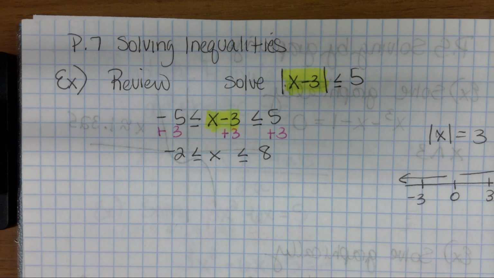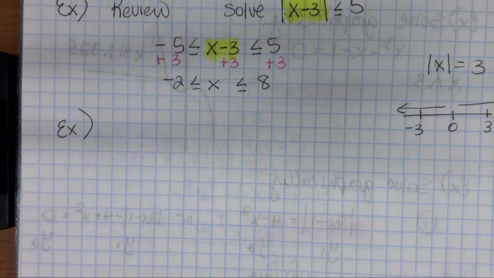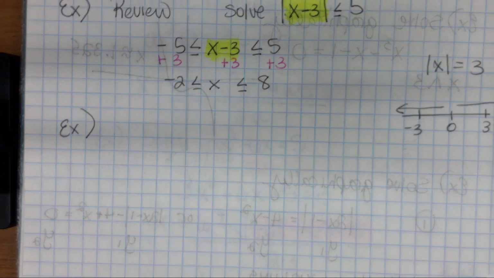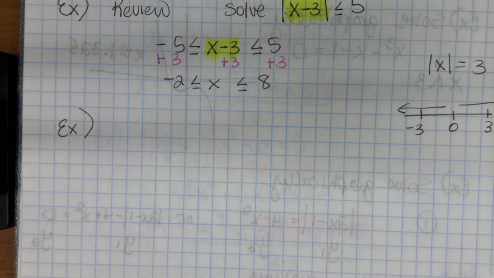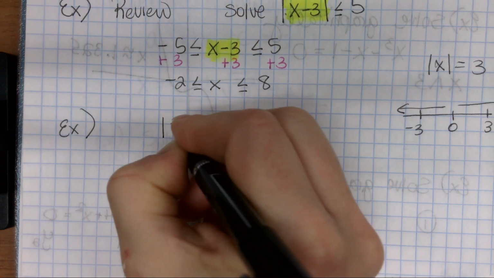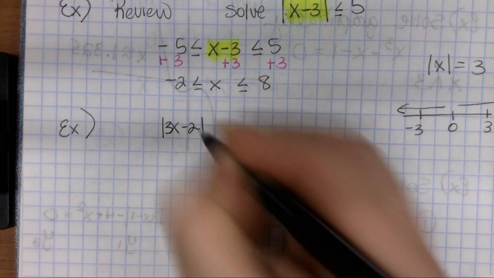This is also review. And actually, I know that we talked about this in Algebra 1, right? Yes, we did these in Algebra 1. All right. How about 3x minus 2, the absolute value, is greater than 4?